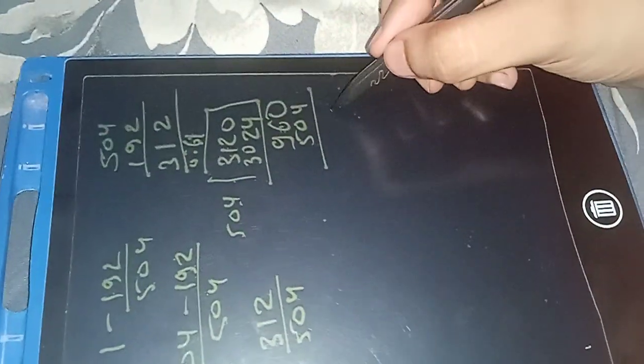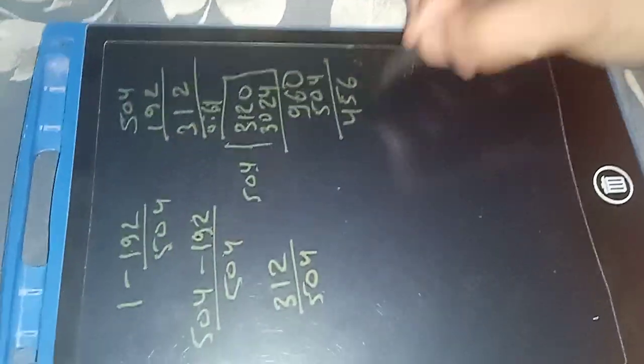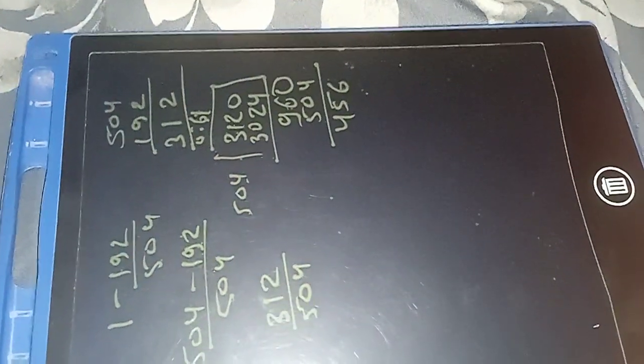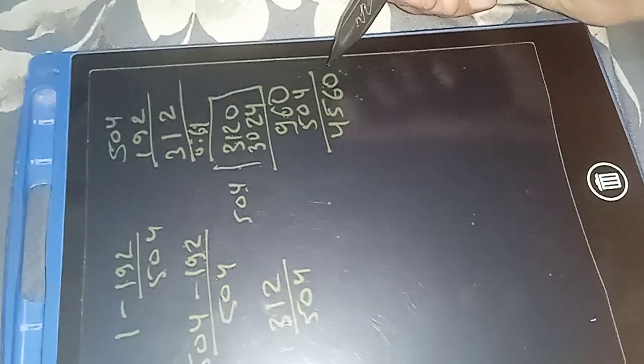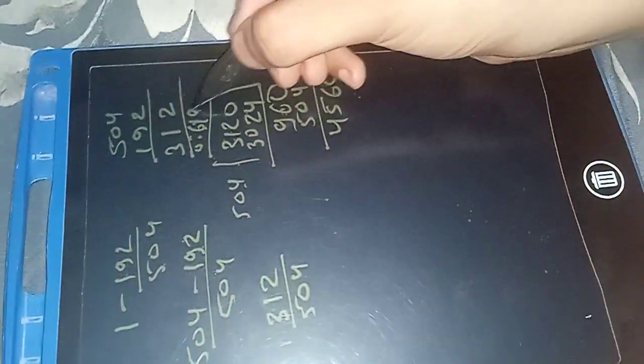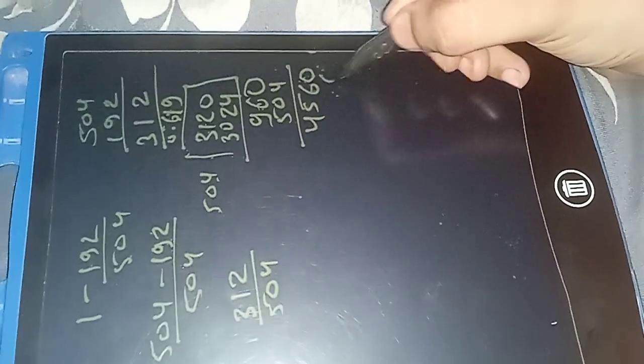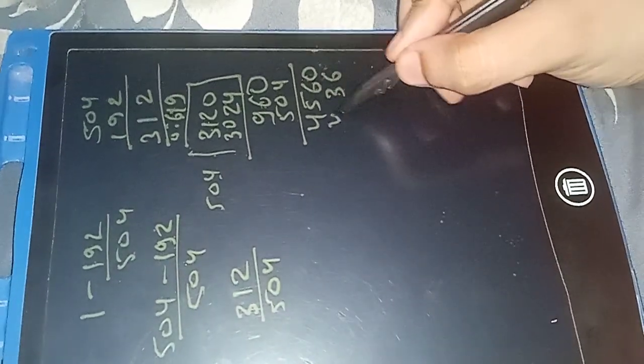Again a 0, and it will become 960. 9 fours are 36, 9 fives are 45. So leave it there.